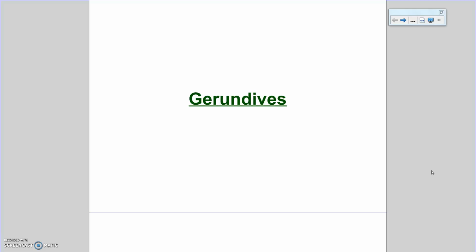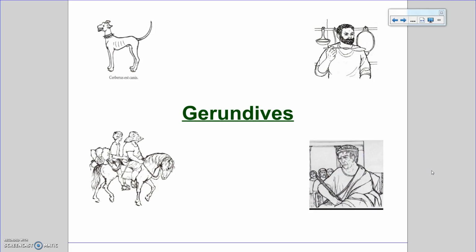Now, with gerundives, it's a verb form, and in thinking about gerundives, we need to think about when we would actually use these things. Gerundives are used to show obligation or necessity. And in thinking about real life situations, there's tons of situations where we could tell anyone that they must do something.